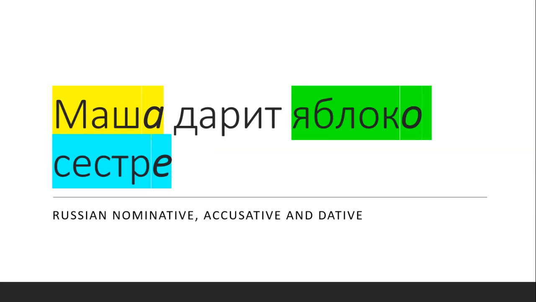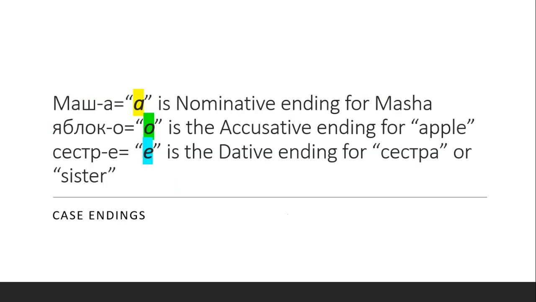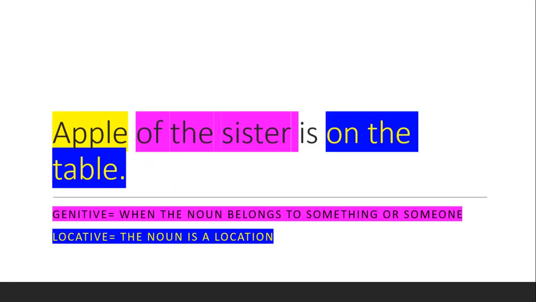The bold and italicized letters are the endings of the case. So for example, Masha, the a indicates a nominative. Yabloko, the o in yabloko, is the accusative ending for apple. The e in sestre indicates the dative ending for sestra, or sister.